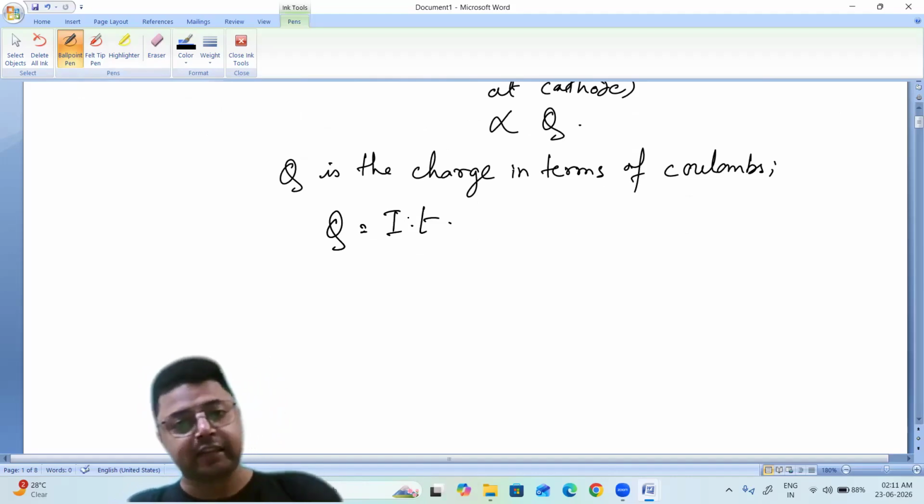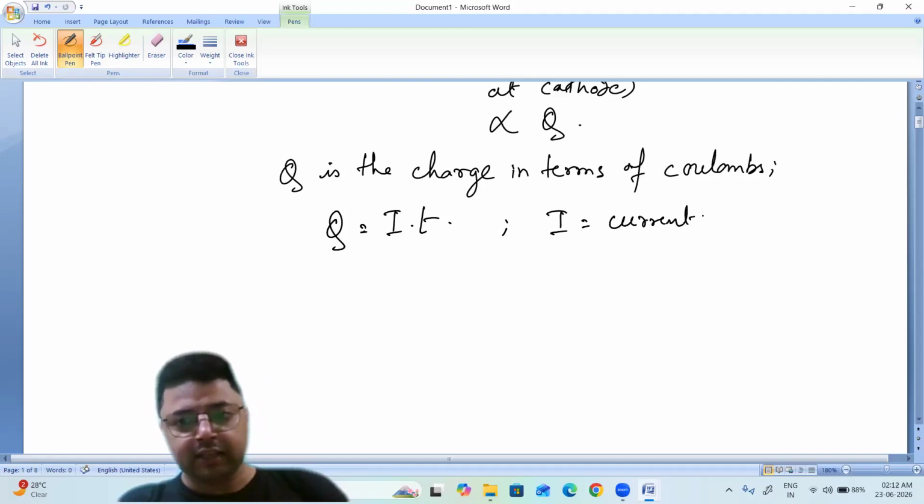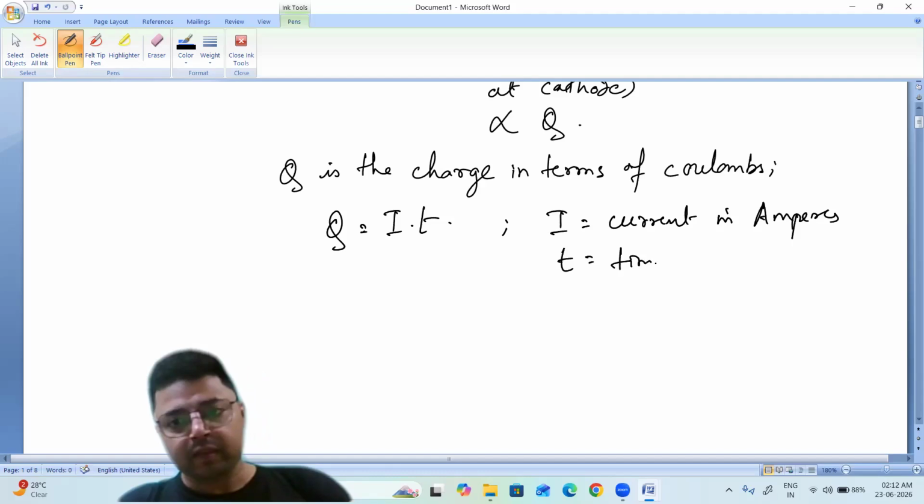Ampere seconds will give you coulombs. So I is current in amperes, and T is time in seconds.